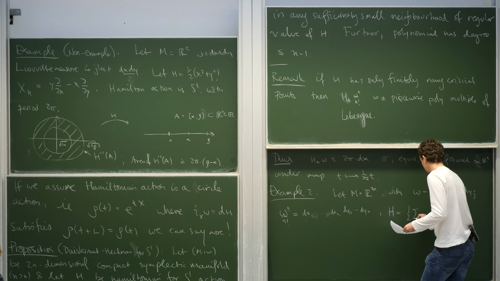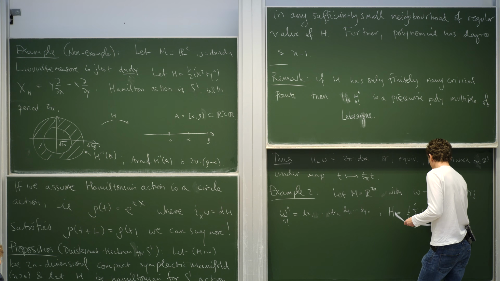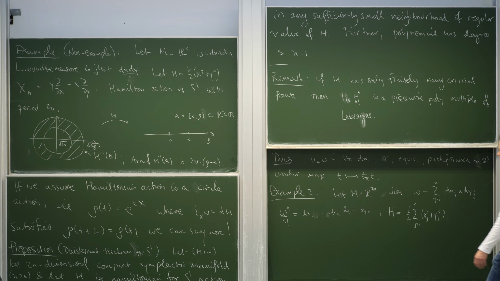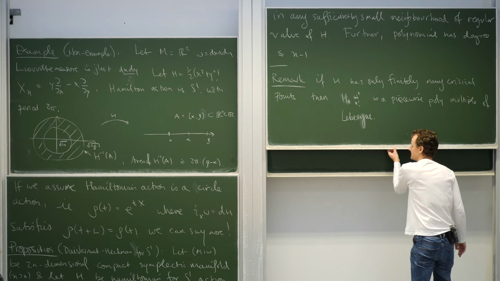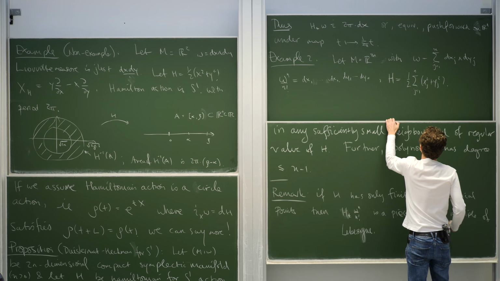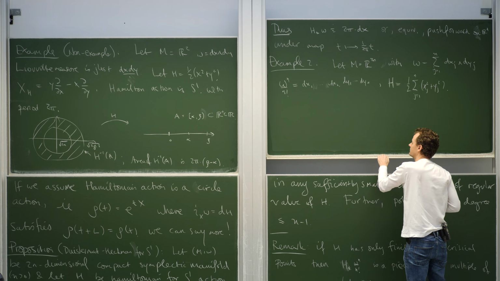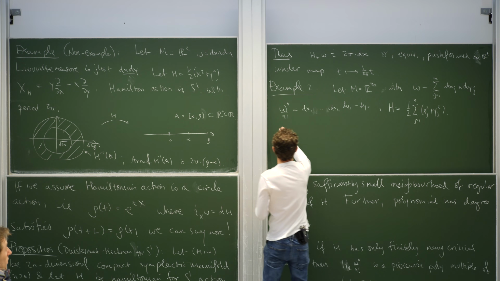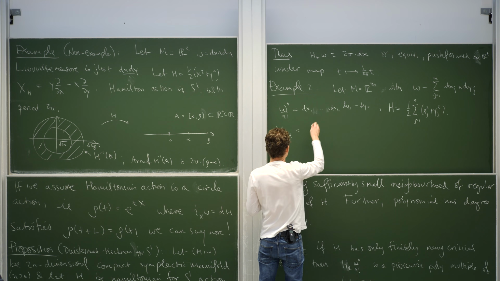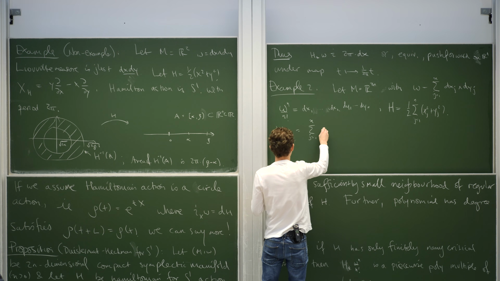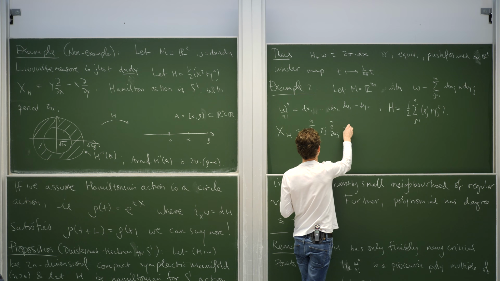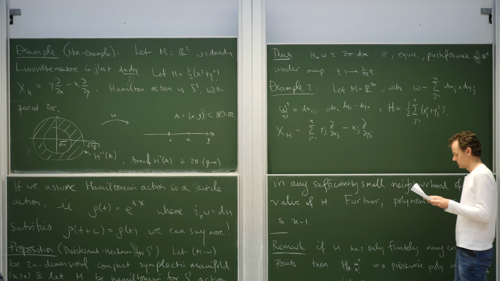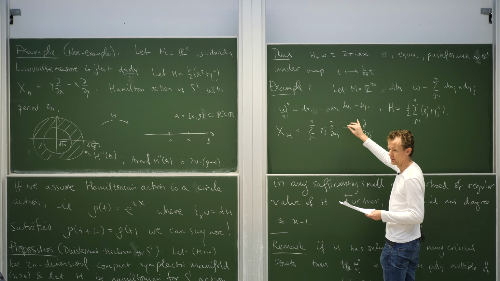So already you see here some slight surprises. So the Hamiltonian function is that of n independent harmonic oscillators. Then the vector field generating this flow is just the sum of all these vector fields that generate the individual harmonic oscillator flows. And the flow is indeed periodic with period 2 pi.